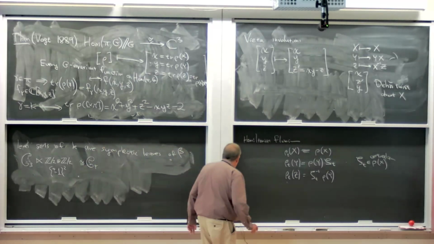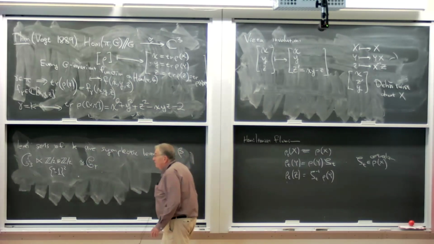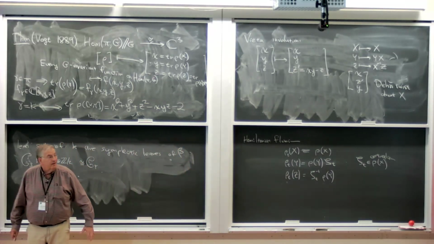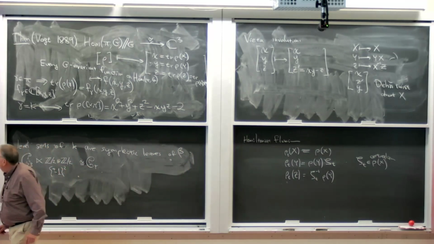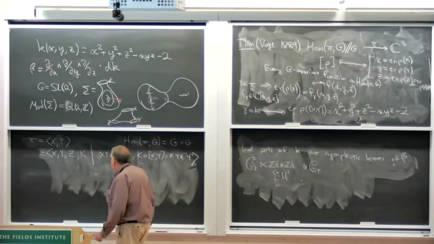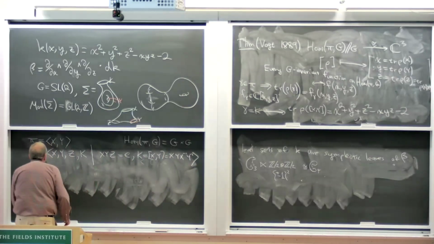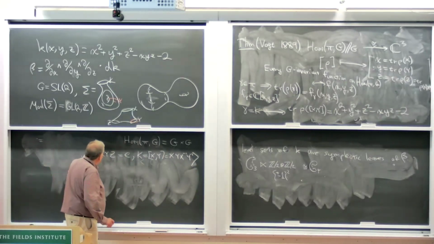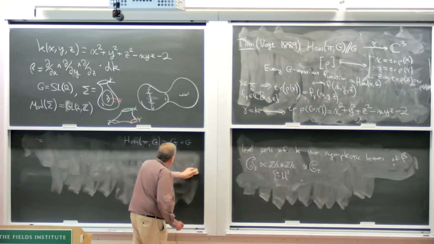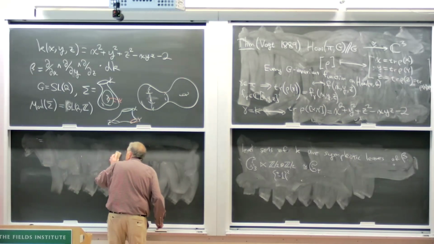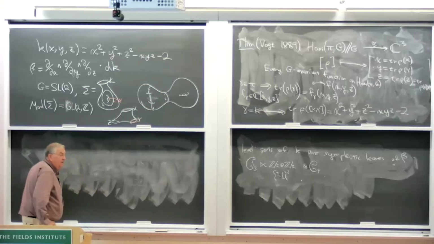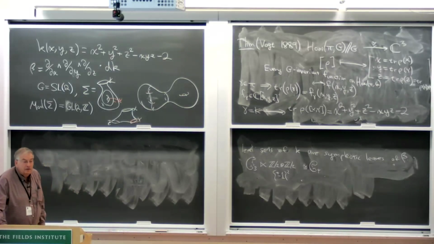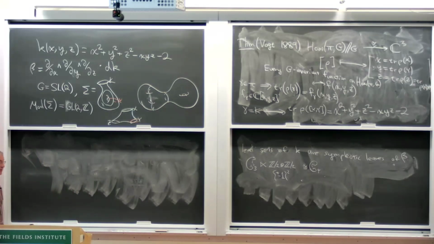Now, in the time remaining, let me describe what the level sets look like. This is what I have on the Mathematica program. And what we'll see are examples of both chaotic and trivial dynamics on the level sets.